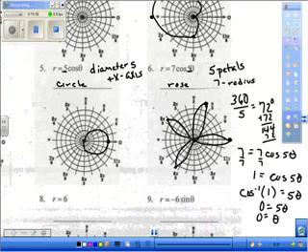Okay, and then we add 72 one more time, and where are we going to be? Okay. So right about here. And we've got our rose.